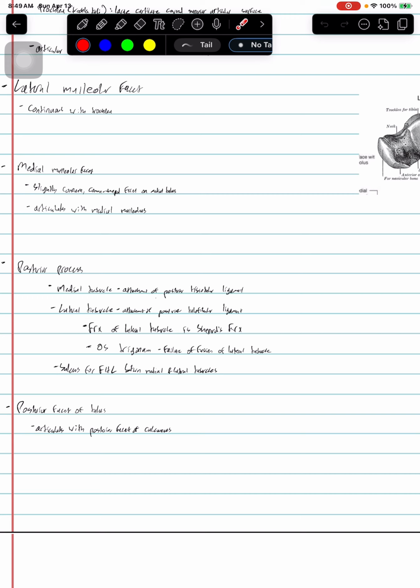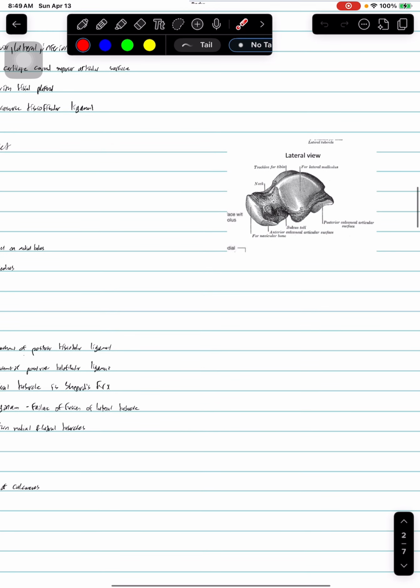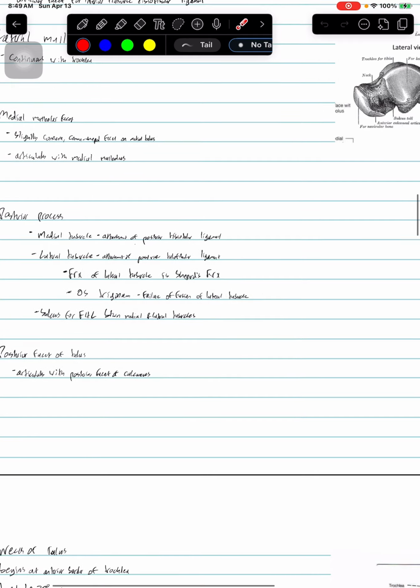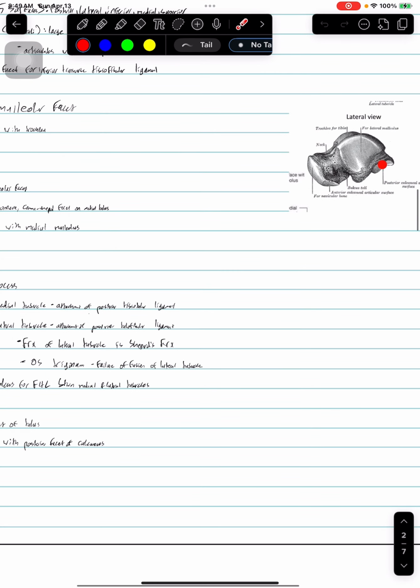You also have the posterior facet of the talus, which would be where the calcaneus is going to articulate with the talus on this portion right here.